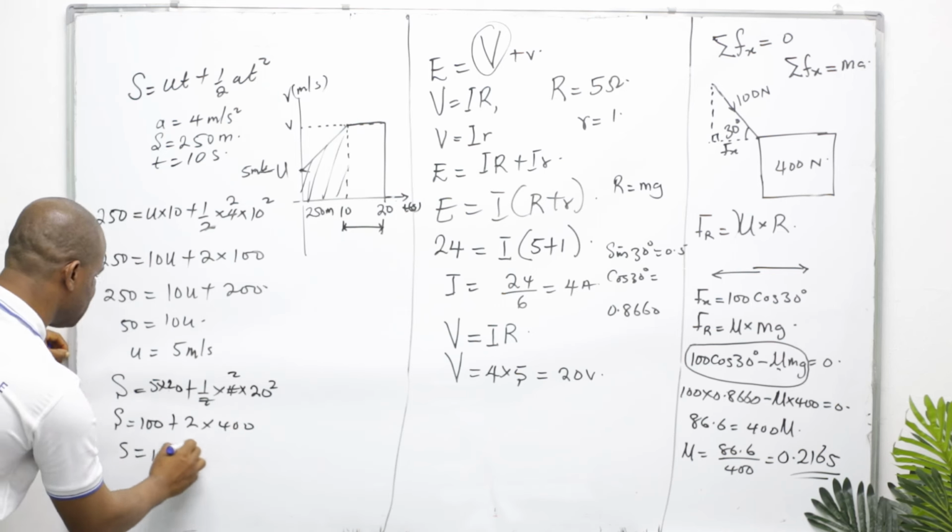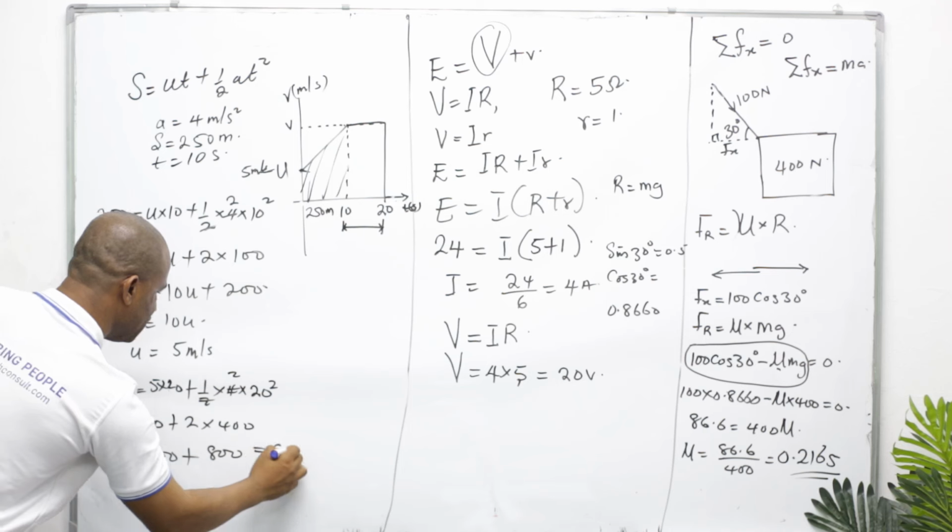So S is going to be 100 plus 800, which is 900.